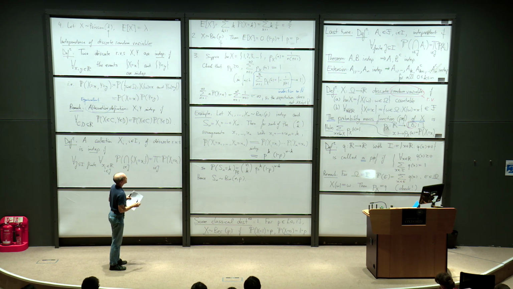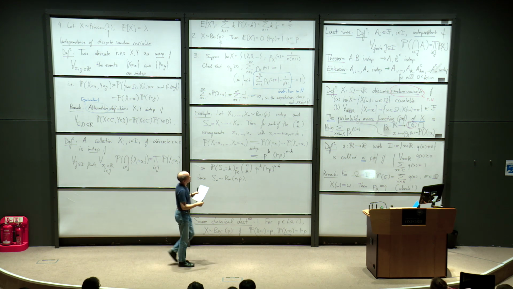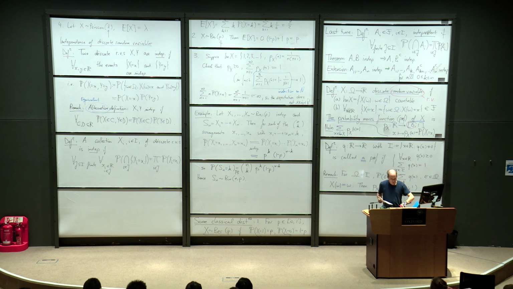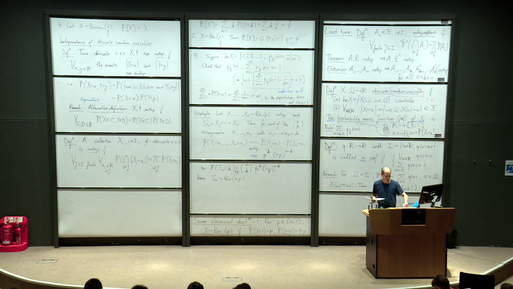Okay, so that's kind of closing a circle of ideas of having examples where we can handle things in terms of events and in terms of random variables, Bernoulli random variables in the case of the binomial distribution.